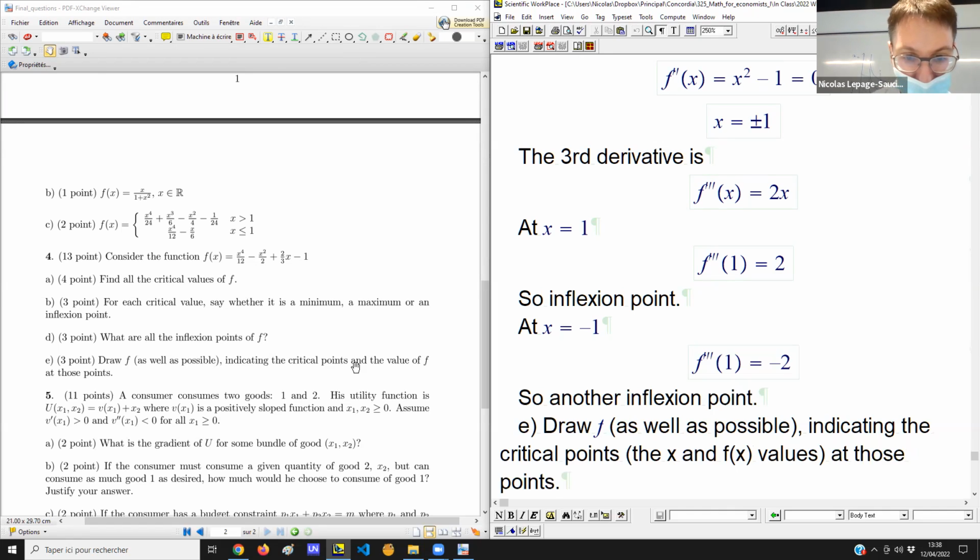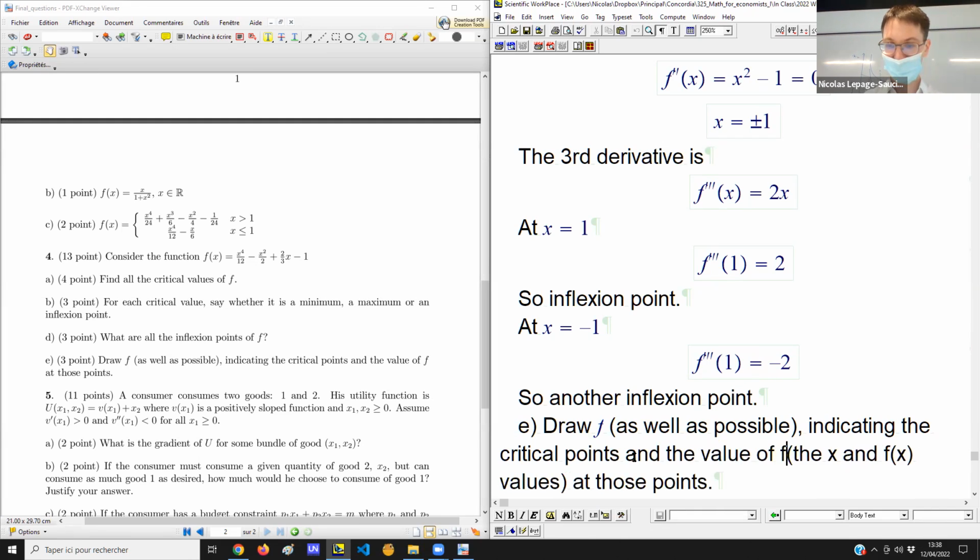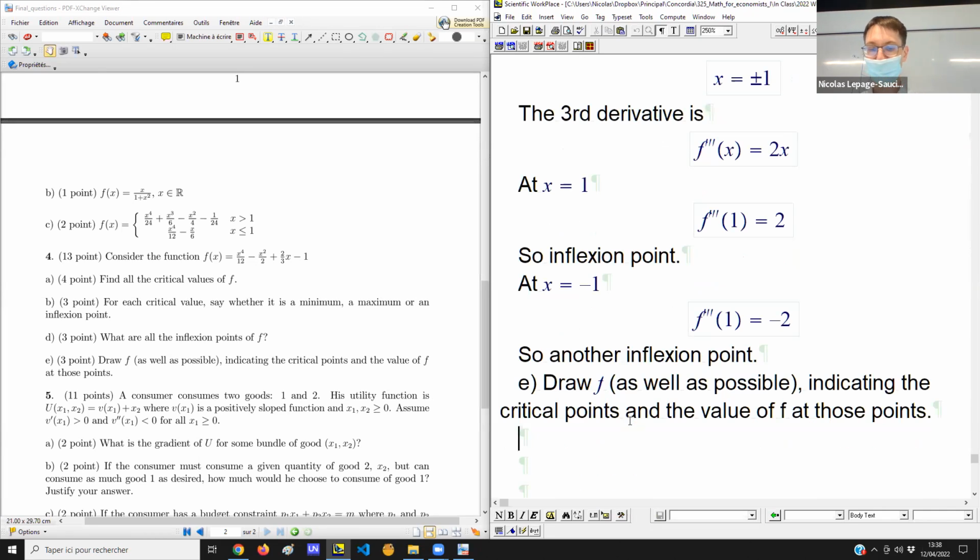Indicating the critical points and the value of f at those points. Okay, it was nice. I was being explicit. Okay. So the goal is to, yeah, okay.